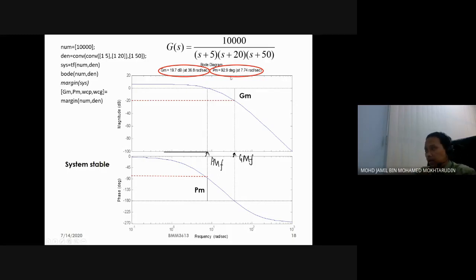So roughly you get 92.9 degrees at a frequency of 7.74. So stability is when the phase margin frequency is less than the gain margin frequency. So the system is stable.